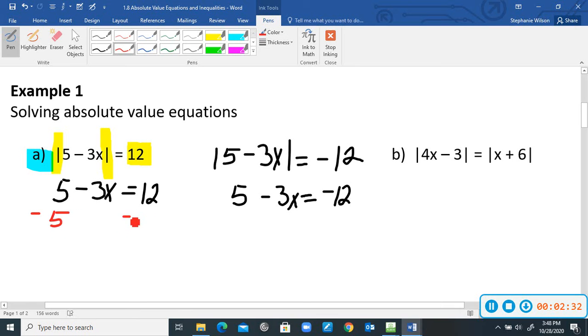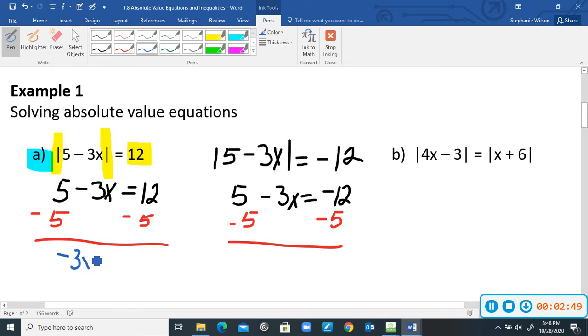Because the equations are so much alike, I'm going to do this to both sides. Now I'm left with a negative 3x on this side of the equal sign, and the same on the other one. But what's going to change is the other side of the equal sign.